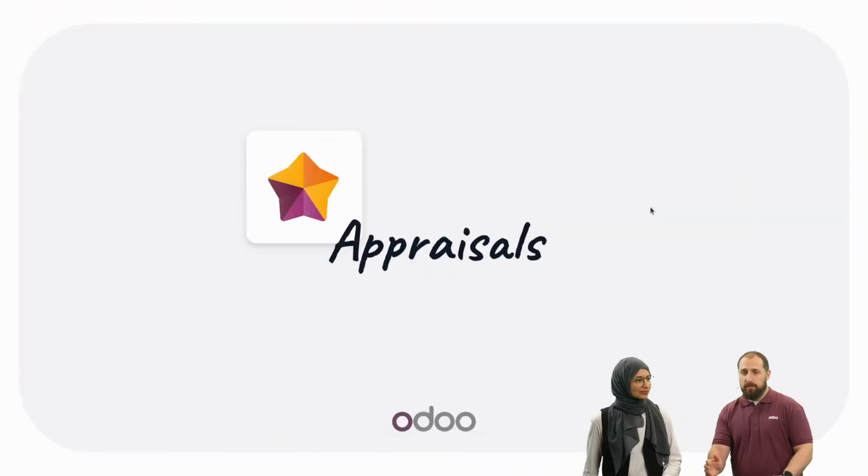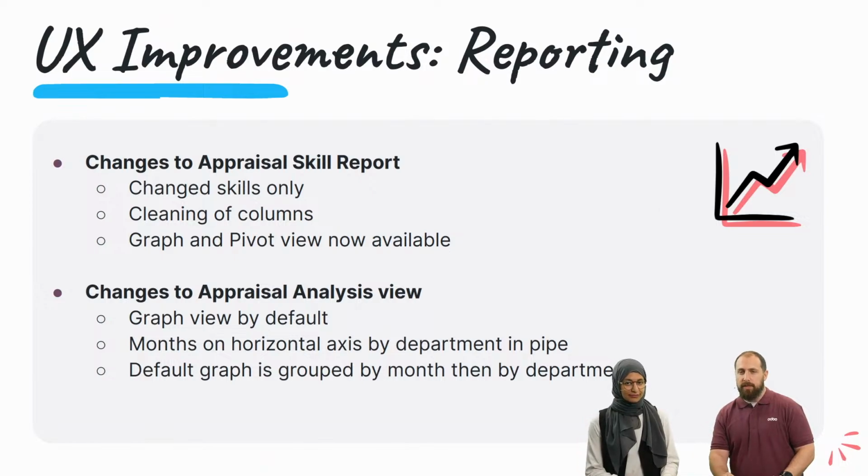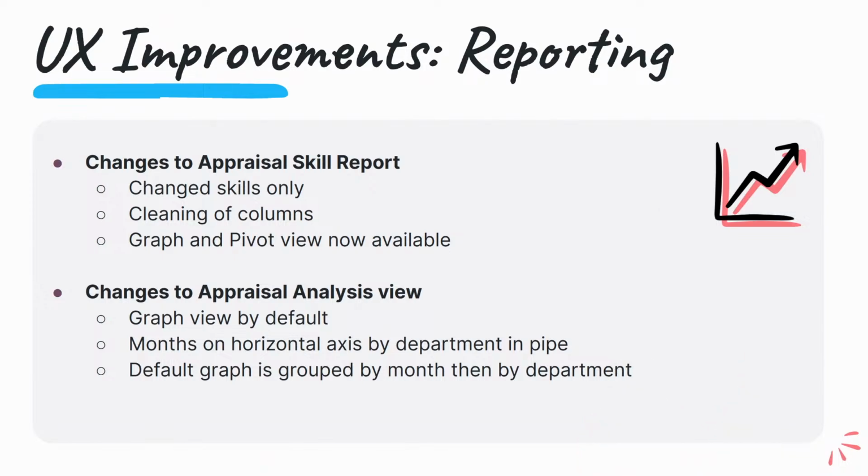We've got appraisals. Let's see what has been done in there. They're mainly UX improvements. Let's start with the reporting. I already talked about the employee skill report. It was available in the employee application, but we also have the same kind of reporting in the appraisal app. Within the appraisal application, this reporting will show you different stuff.